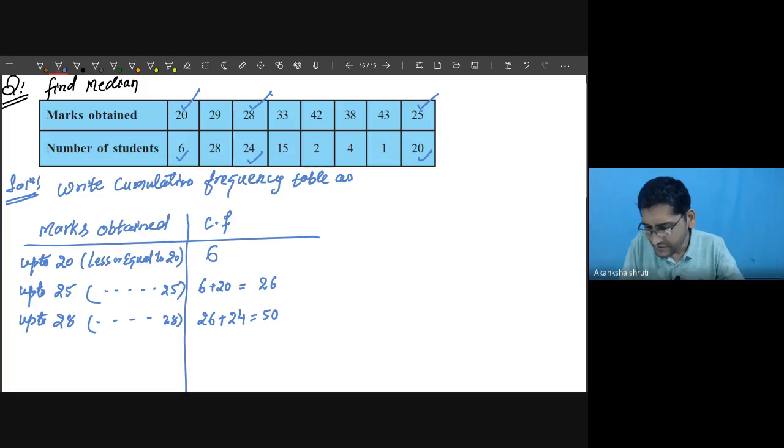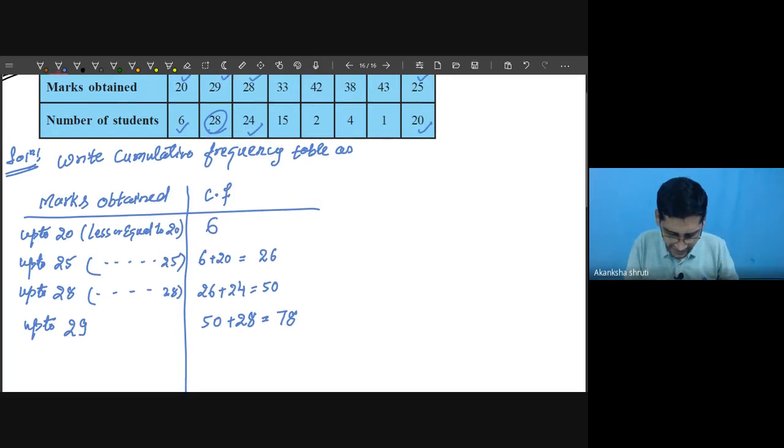It is 50. Then go for up to 29. For this, after this 28, which is the 50, the next frequency is 28, so 28 has to be added to this 50. It becomes 78.